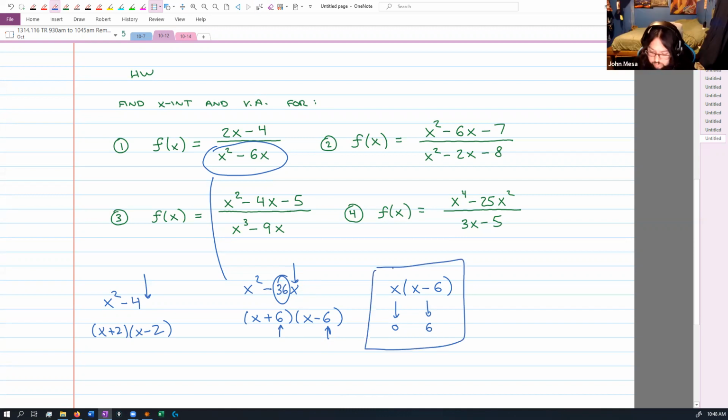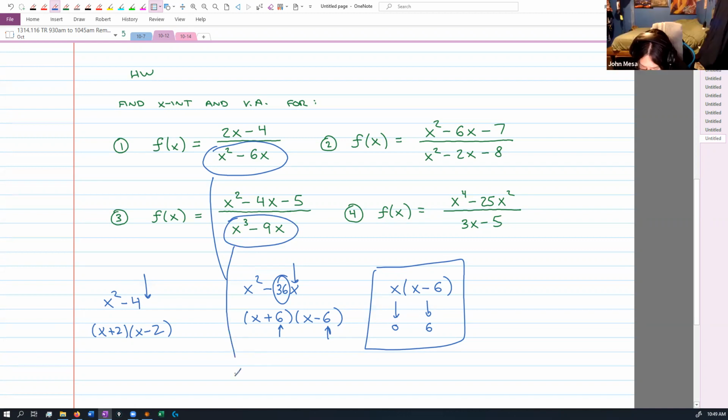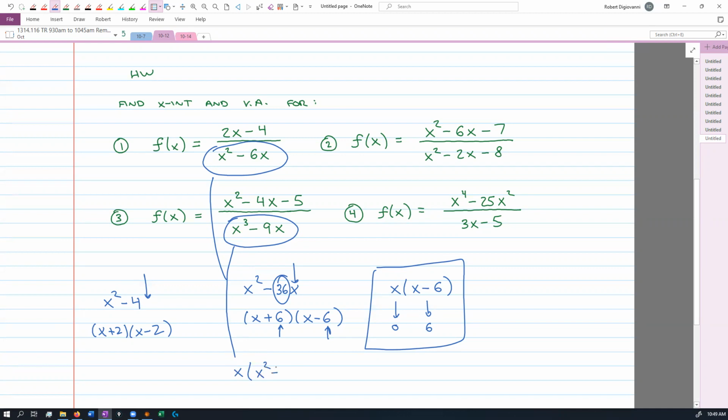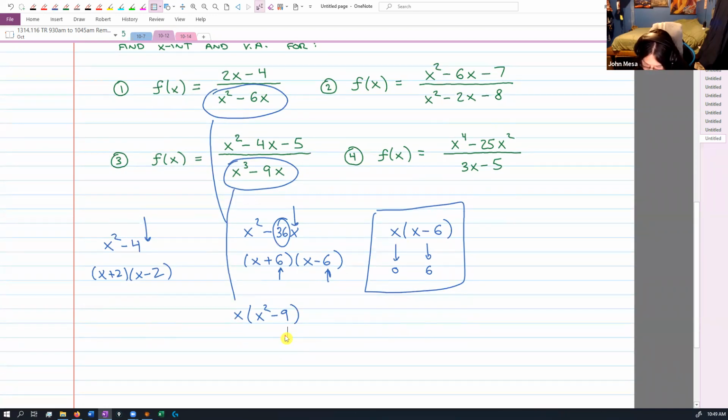Greatest common factor. Okay. On number 3, did you do 3 right? So for x cubed minus 9x, you pull out an x, right? And you get x squared minus 9. Yeah, I did that. I pulled out the x.